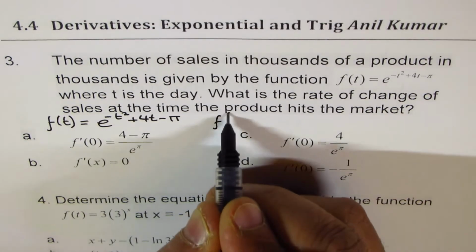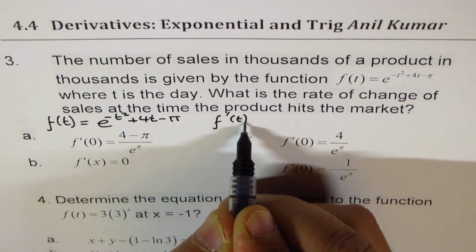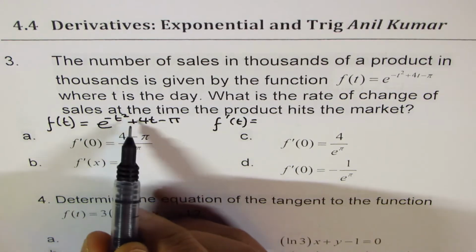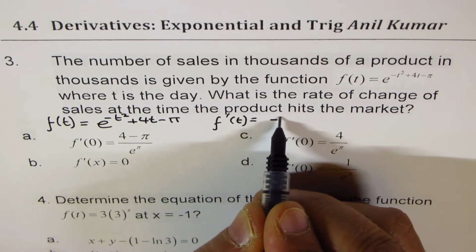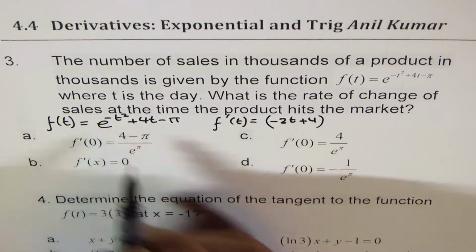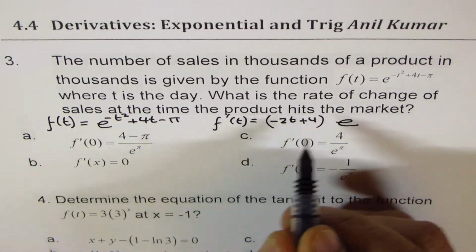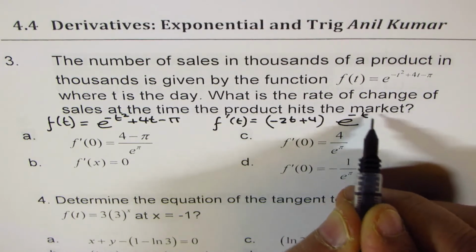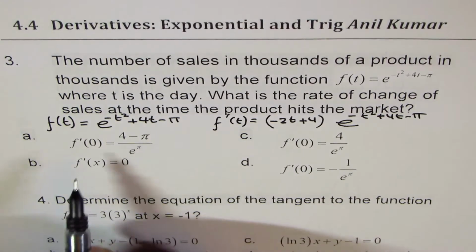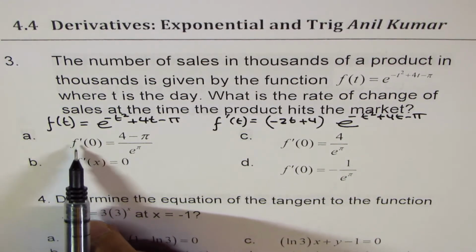So the derivative of this function will be: the derivative of the exponent part, which is minus 2t plus 4, and then e to the power of whatever the function was, minus t square plus 4t minus pi. Now we are given f dash of 0.